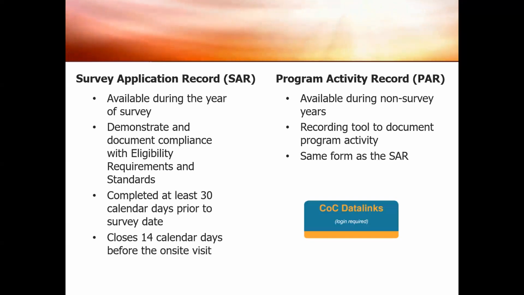When the CRM textbook was published, all program activity was documented in the SAR. There was no PAR at that time, and that's why the PAR is not mentioned in the CRM textbook.